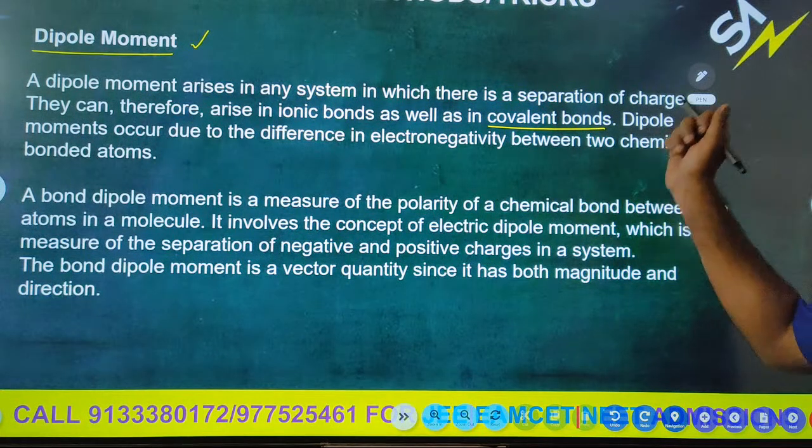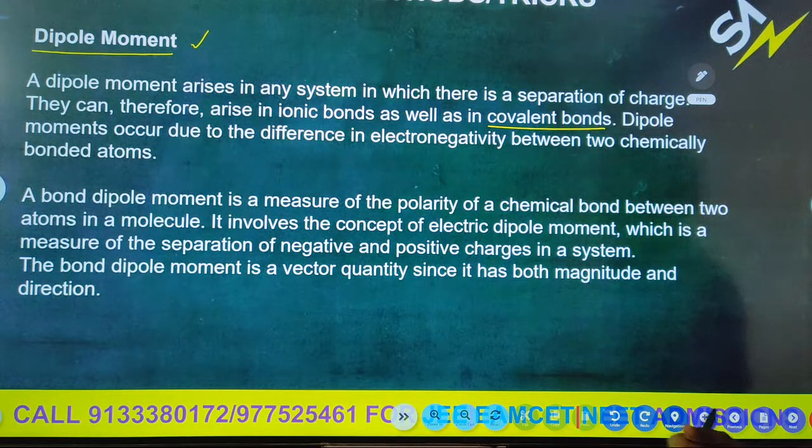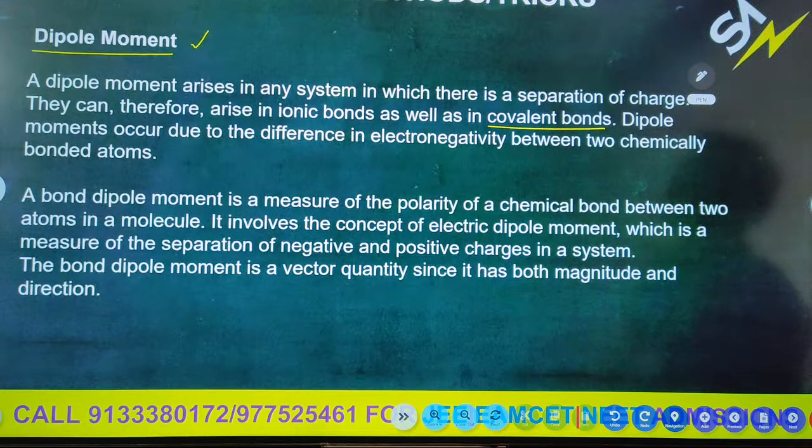The charges are separated and held together in a molecule. They may be atoms or ions. So this electronegativity difference gives that atom a dipole moment. Clear? Now we understand when dipole moment is possible.